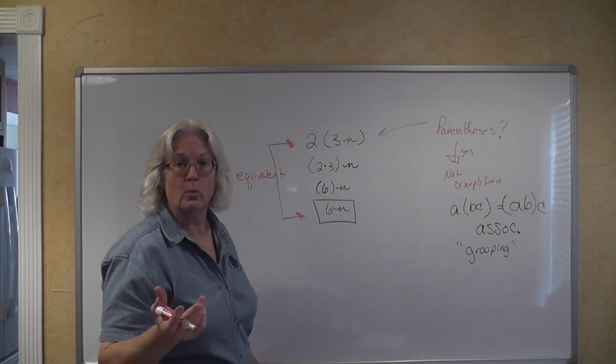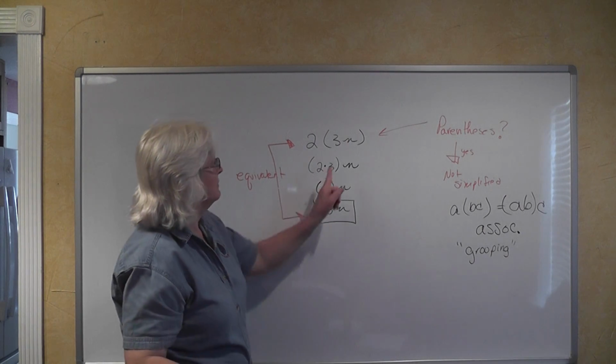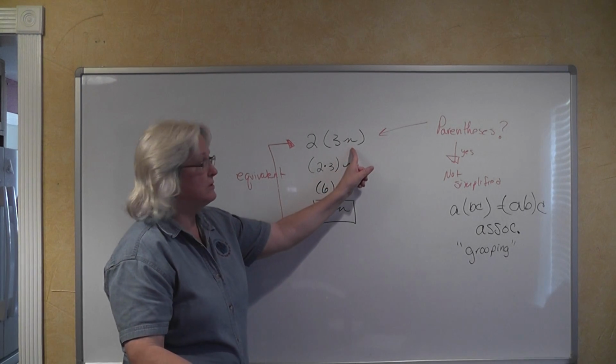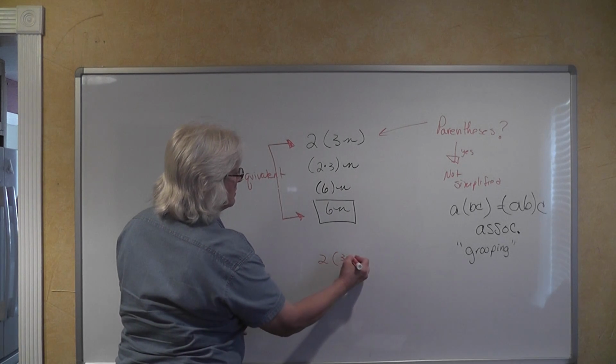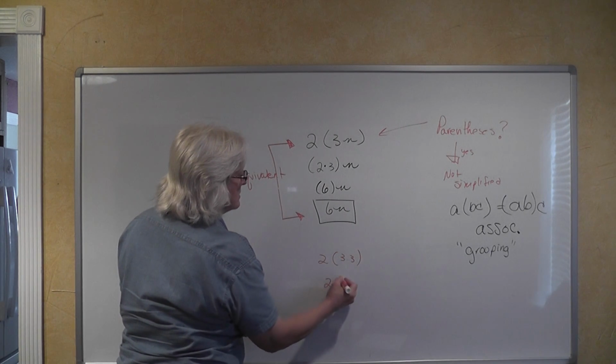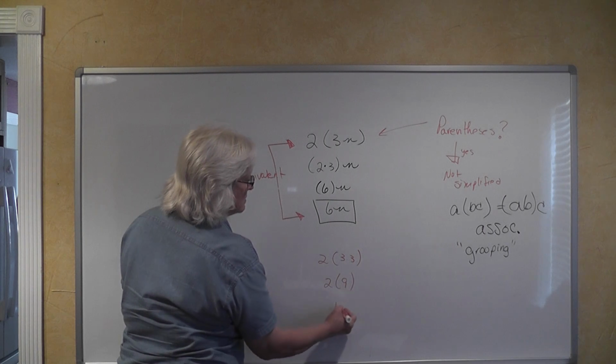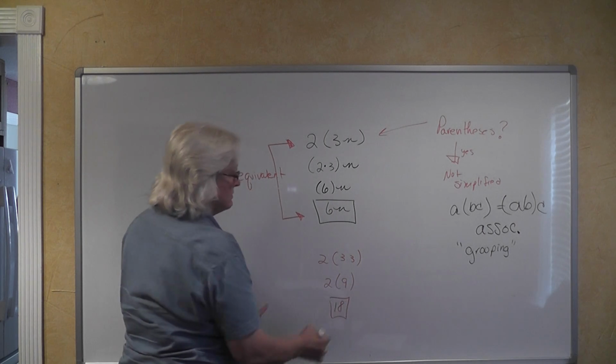And we'll test it. What if we said n was equal to 3? If we substituted n being equal to 3, this would be 2 times 3 times 3. 2 times 9 is 18.